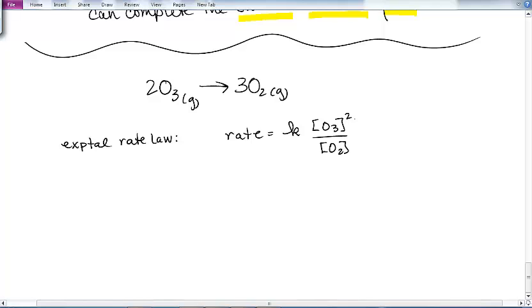So this rate law is second order with respect to ozone and -1 order with respect to oxygen, which is a little weird, of course, because oxygen is not a reactant.